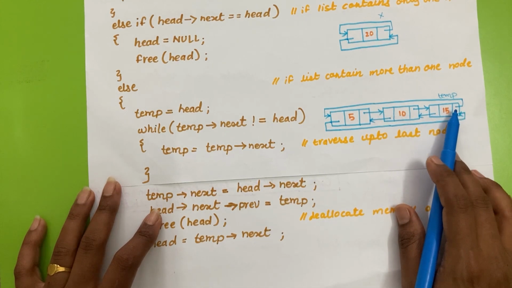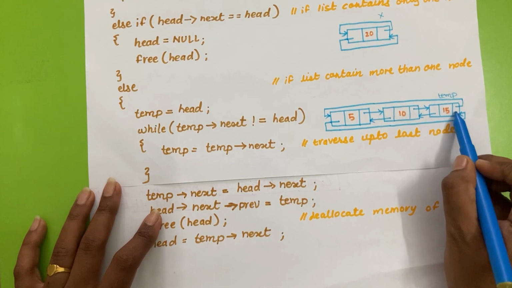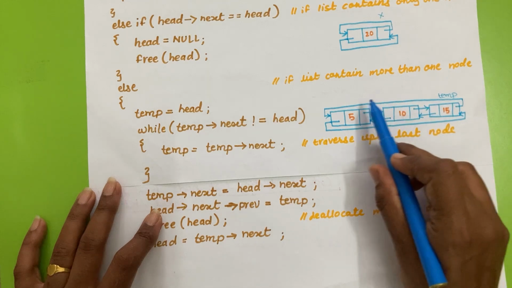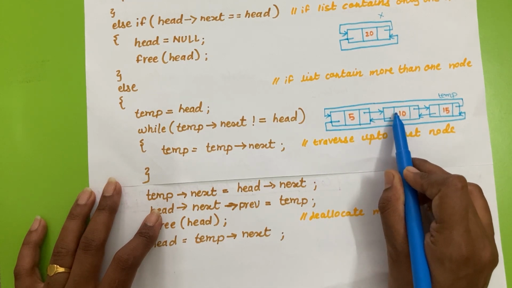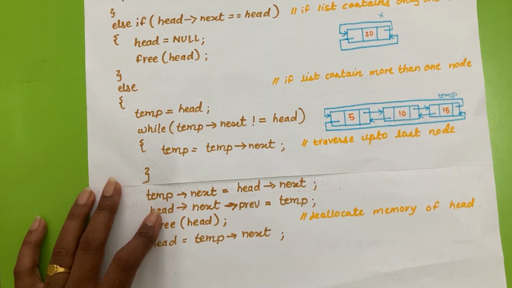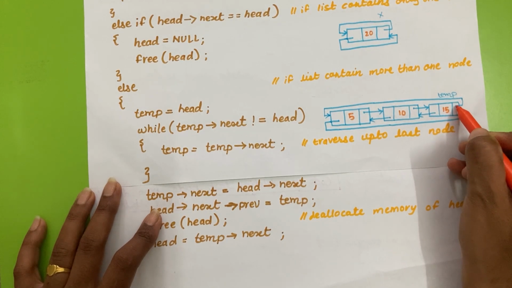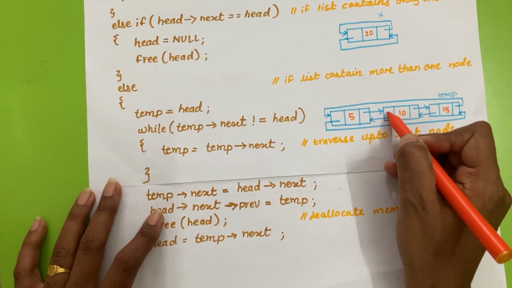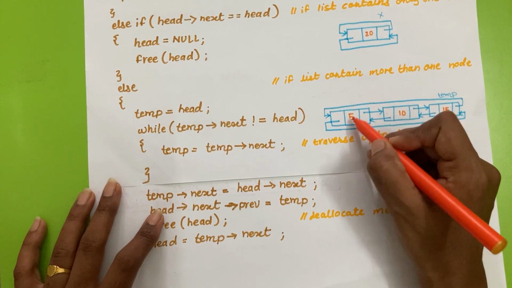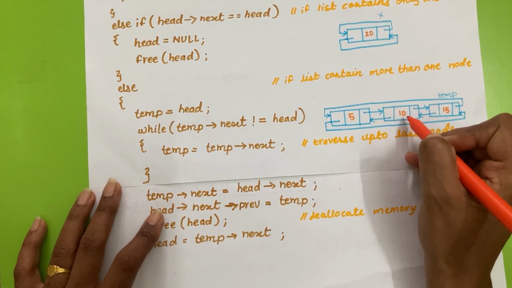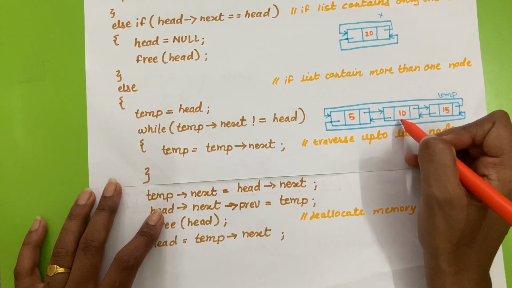First I'll copy the value of head next to temp next. Now the next pointer of the temporary node will point to the new node, and that new node will be this node, because after deletion of this head, the next node will be called the head node.